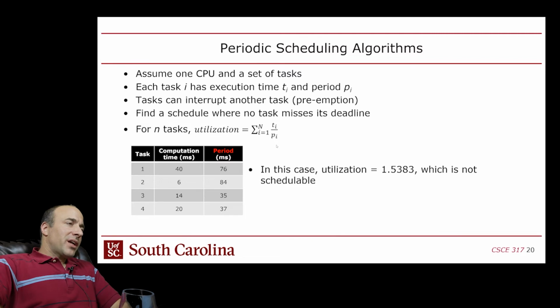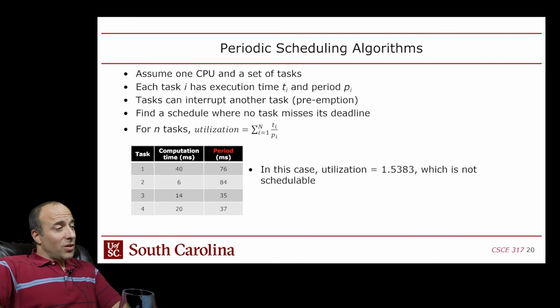Periodic scheduling is a little more tricky than what we had in the earlier case, where we only had to run each task once. With periodic scheduling algorithms, you usually assume that the tasks are preemptible, because this simplifies the scheduling.